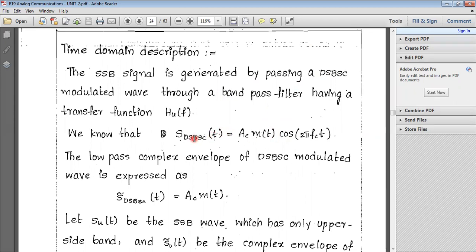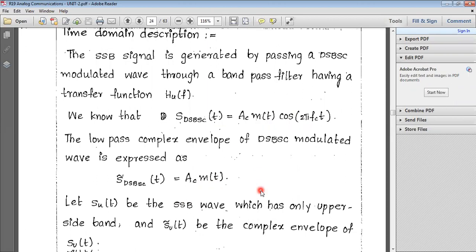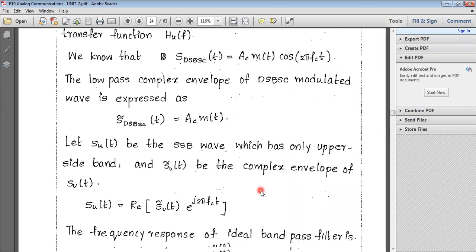So for that, you first consider the DSBSC signal, already you know, AC m of t cos 2 pi fct. But DSBSC has a last stage as a low pass filter. By passing through the low pass filter, we have ACM of t. Here we represent the SSB signal as SU of t, and this is the complex envelope. But we have the relation between normal signal and complex envelope.